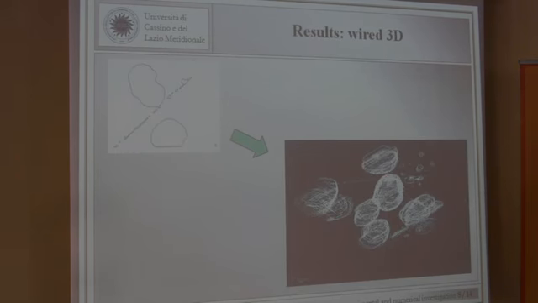Then we use a commercial CAD software in order to construct the wired 3D model. This is a region, a sort of short box of material, including the main nodule that we want to study, and other nodules that we want to clean from it.